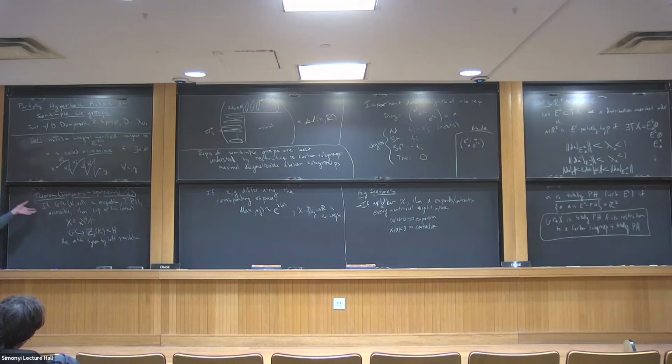So these are the only things you need to conclude that your action is actually algebraic. Some of these may be able to be relaxed, but this is the state of the art for the uniformly hyperbolic case.